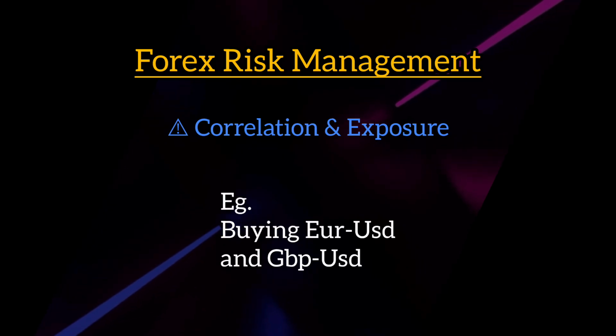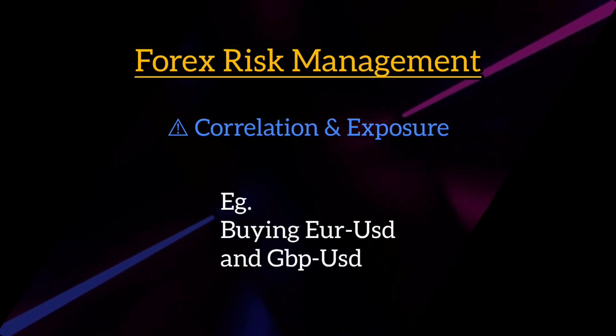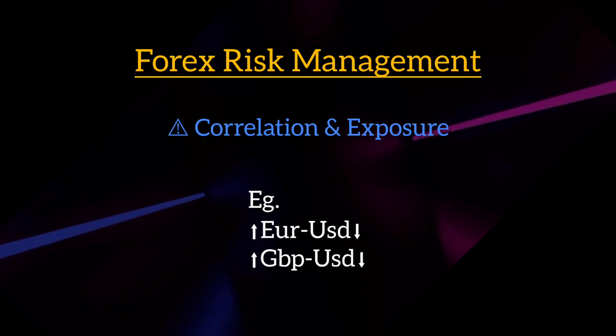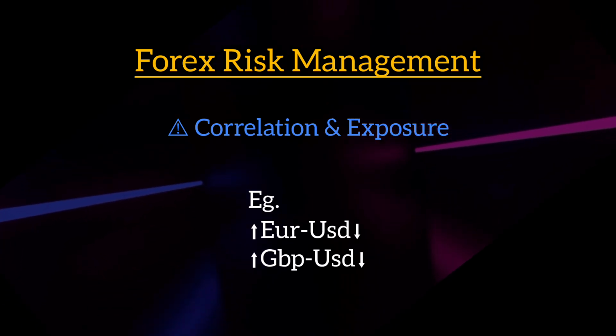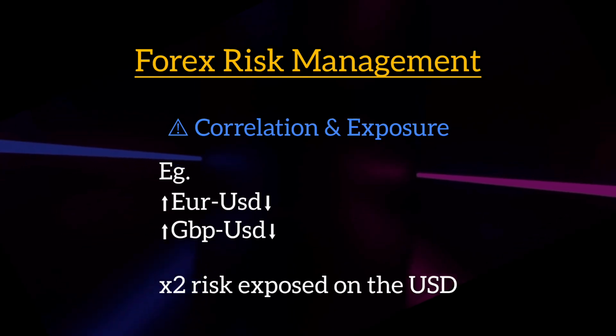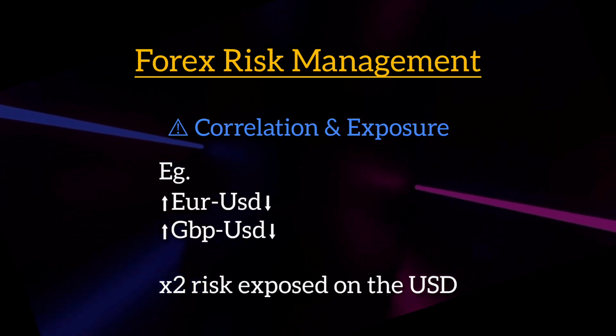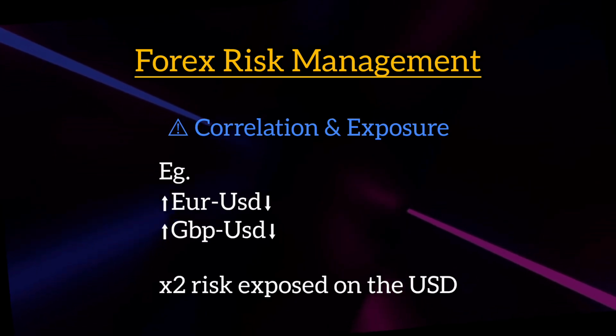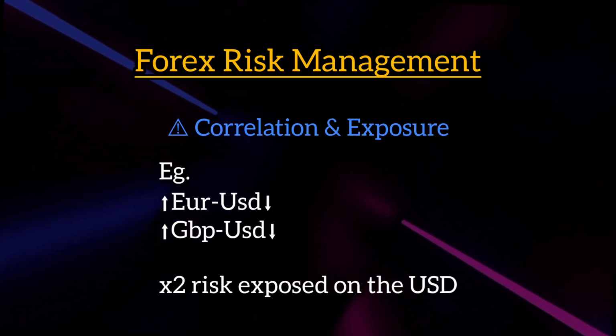Because the USD is the common thing there, and you are selling the USD on these two pairs, you are selling the USD twice. So if in any situation you see these two kinds of trades, it means you are exposing your money on the USD. So either you pick one of these trades or you split your risk on both of these trades.